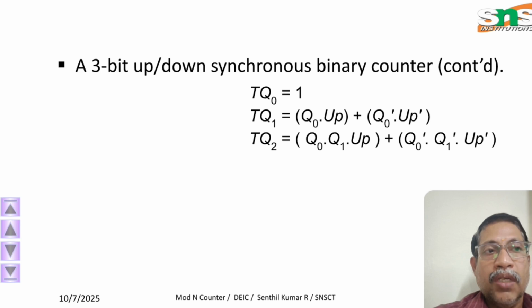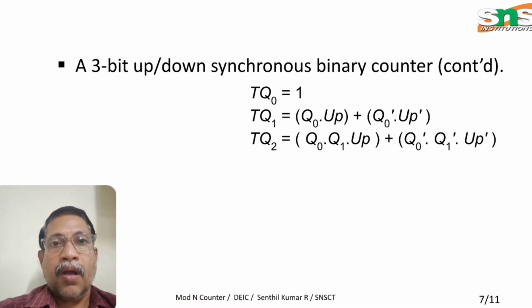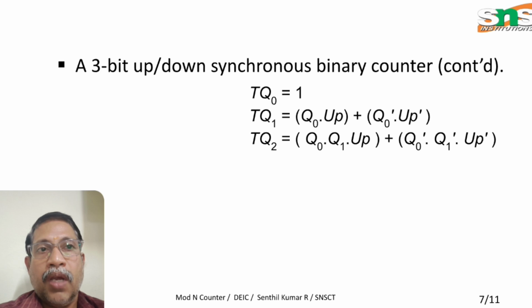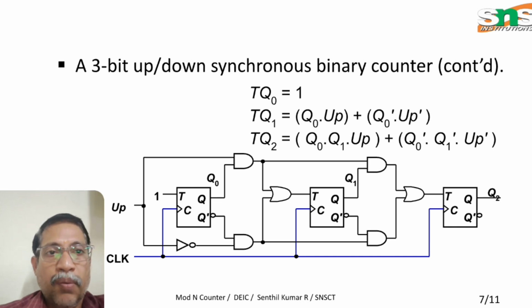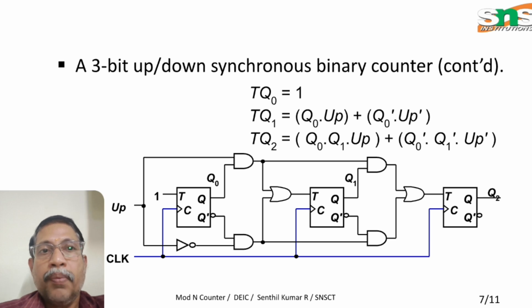Now let me see the logic diagram. It is drawn with the help of these expressions. Again, see the three flip flops, and the clock pulse is given in blue color, which is connected in parallel, therefore it is synchronous. And up is a special terminal.